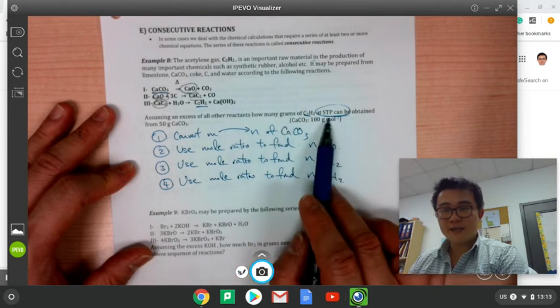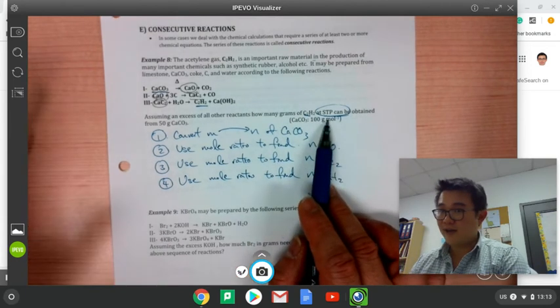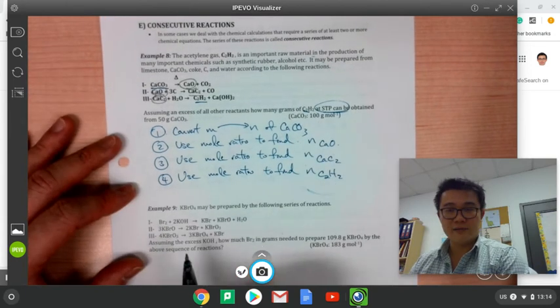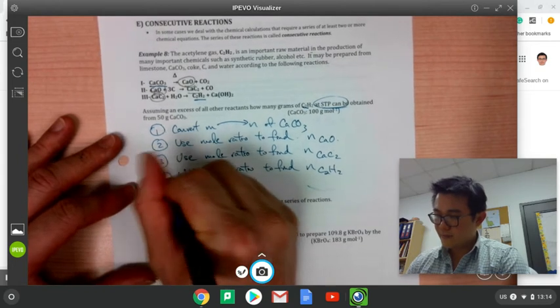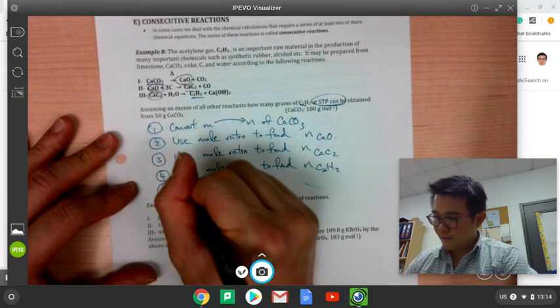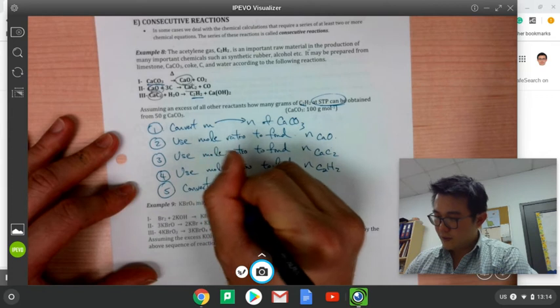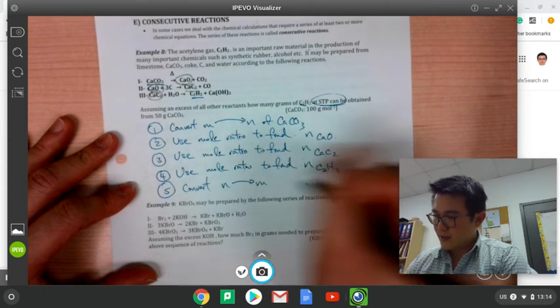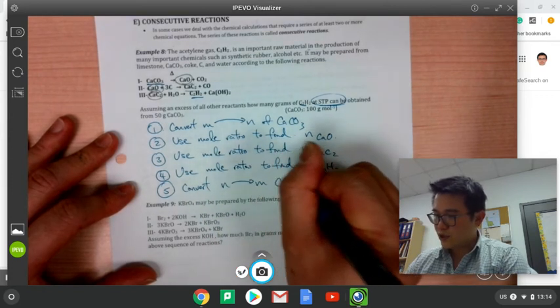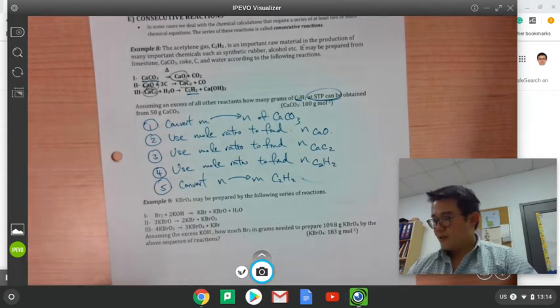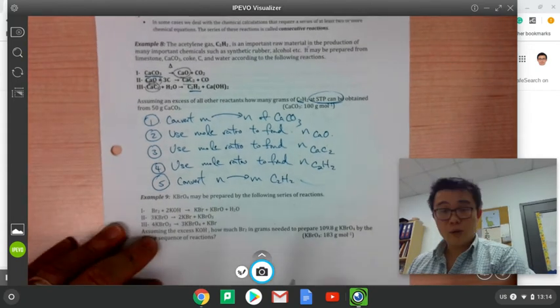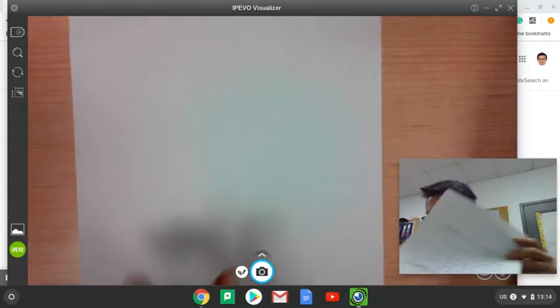I know they say STP, but they're not asking for volume, so just calculate in grams. So in this case, convert number of moles to mass of C2H2. Okay, so here we go.